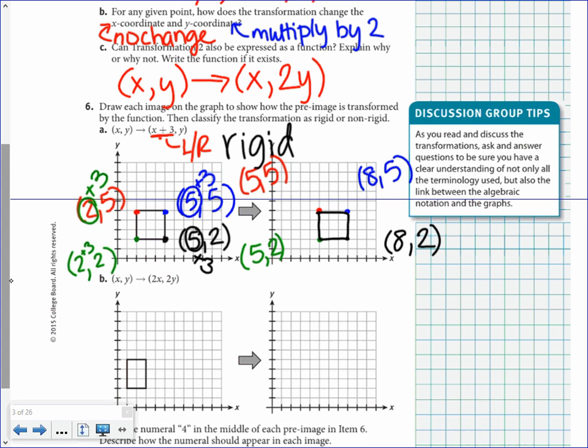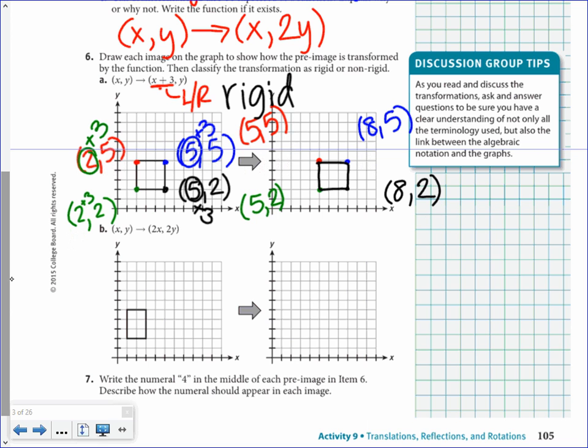So now we're going to look at part B. If you feel like you can do this, go for it. And then you can pause the video and practice it, and then unpause it and fast forward if you think you've got it. But I'm going to go over it step by step for those of you that need that additional practice. So on this one, we're taking the point x, y, and we are multiplying the x by 2, and we're multiplying the y by 2.